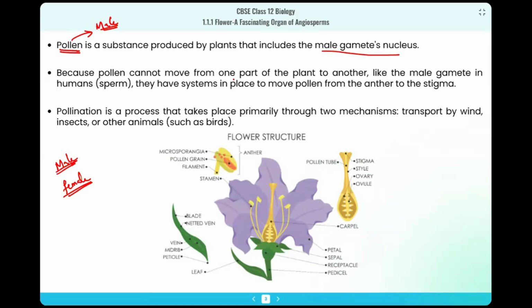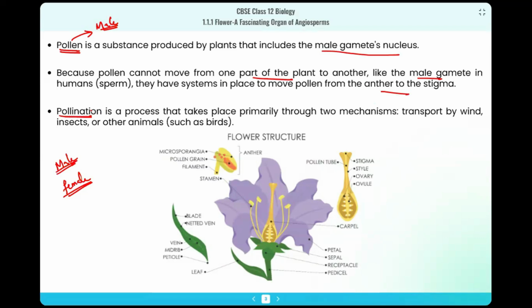Now, pollen cannot move from one part of the plant to another like the male gamete in humans, so plants have a system in place to move pollen from anther to the stigma. That is what we mean by the process called pollination.